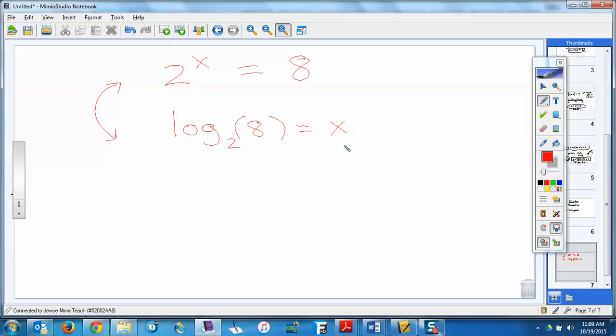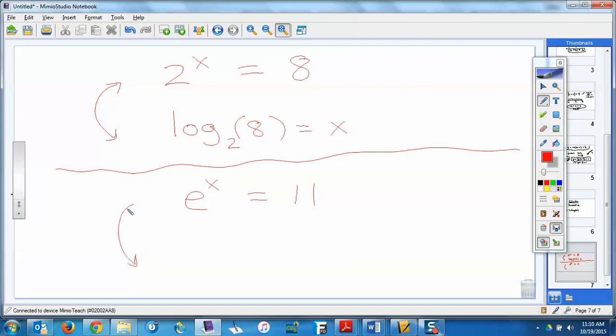Now, the other thing that we want to notice is that this year we will be using e as a base a lot. E will be the base of most of our exponentials that we deal with. Not always, but many times.